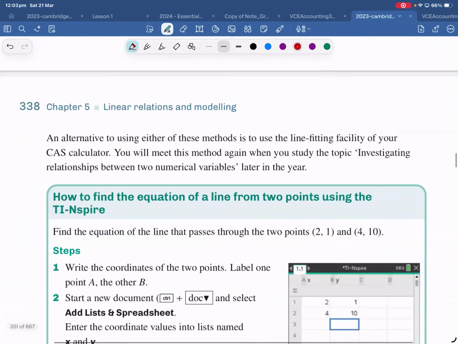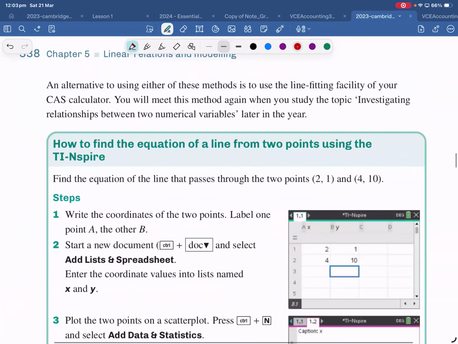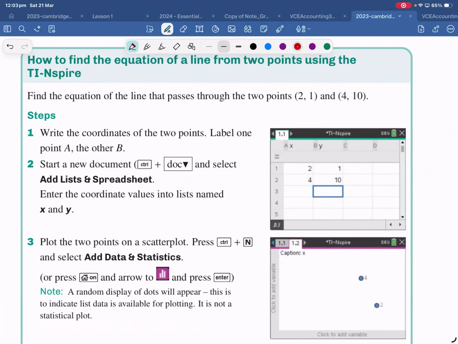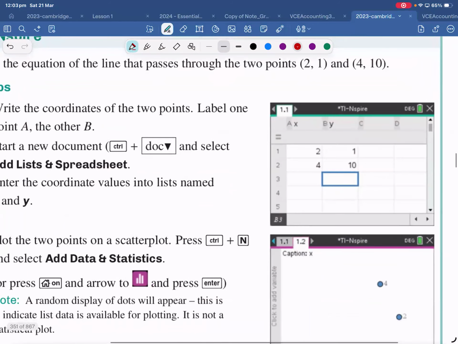Then we can use the CAS also to do the same thing. Do you have a TI? Right. Then what you are going to do is, please start a new document. And then for X and Y, you can enter the coordinates.